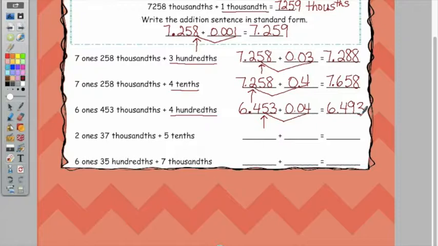Okay, thumbs up if you did it right. You know what I almost did? I almost added 3 plus 4. It's a good thing I had my arrow there, wasn't it?